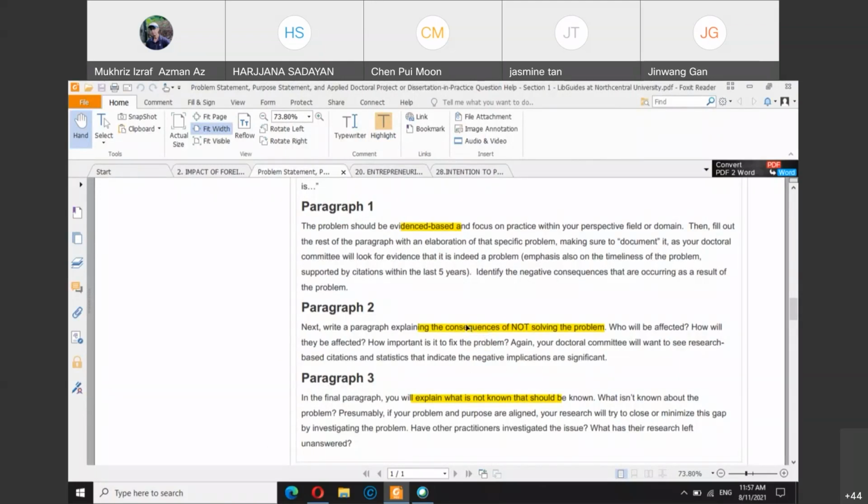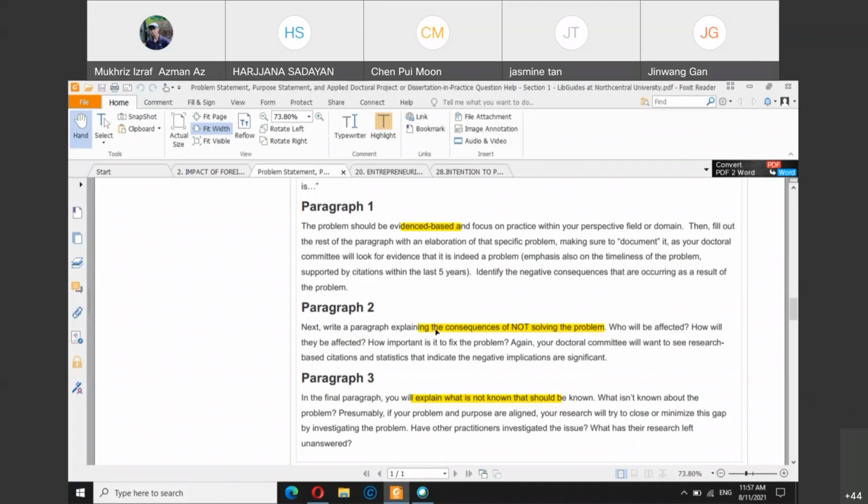But one of the ways to reduce graduate unemployment is by getting involved in entrepreneurial activity. So that is the problem that you may want to highlight. How important is the intention among students to actually get involved in entrepreneurial activity? It is the growing cases of unemployment among undergraduates, especially now during COVID-19, with the job market not stable. Many companies are forced to shut down and so on.